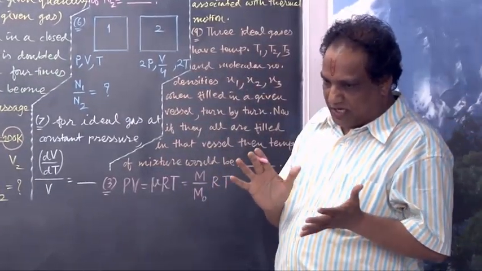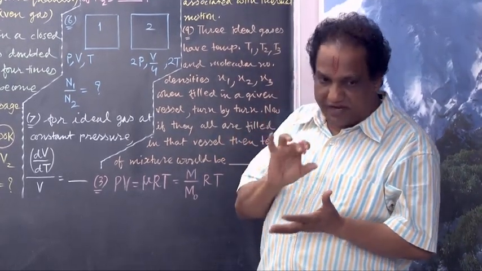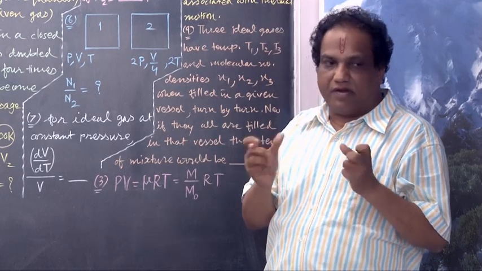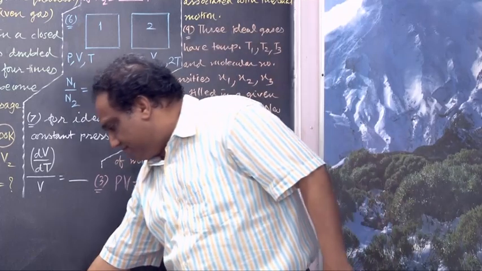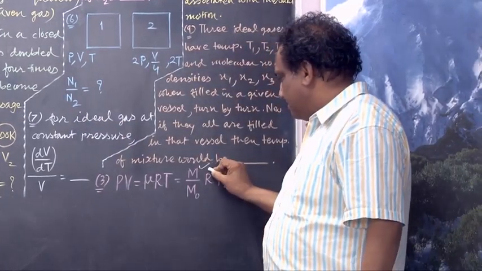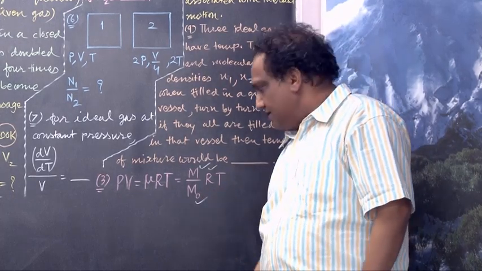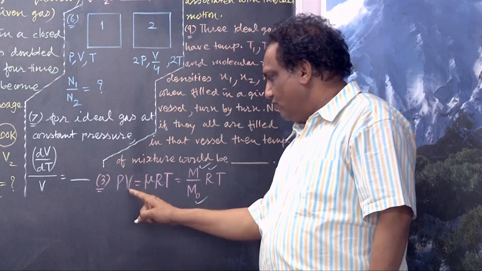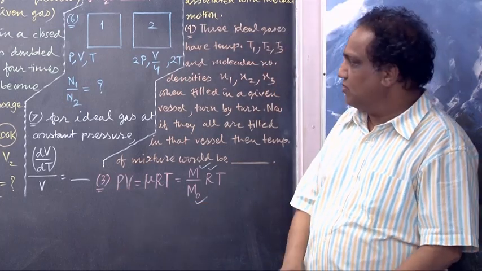So in a closed vessel, whatever quantity of gas is confined, its mass will remain constant. So mass is constant, R is constant. For a given gas, molecular weight is also constant. So you may write now P into V is proportional to T.